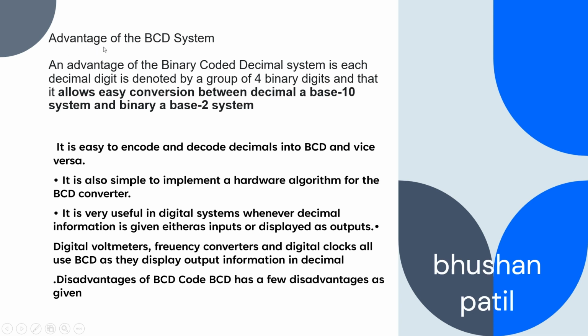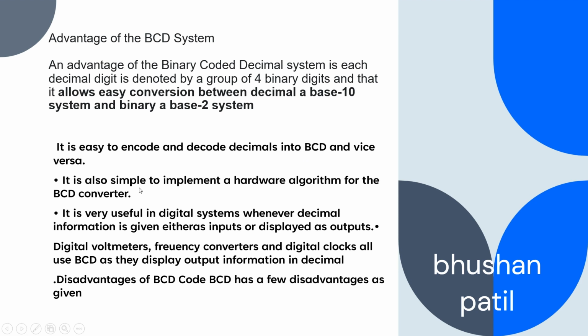Also, there are some advantages of the BCD system. An advantage of the binary coded decimal system is that each decimal digit is denoted by a group of four binary digits, which allows easy conversion between the decimal base 10 system and the binary base 2 system. Another is that it is easy to encode and decode decimal into BCD and vice versa.